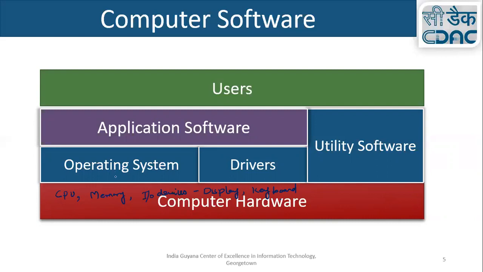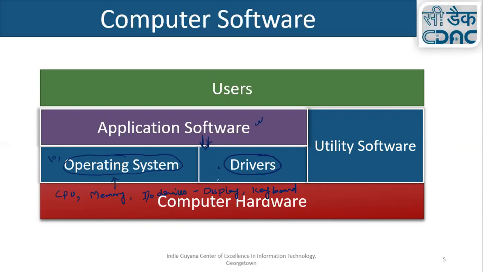Above this hardware is your operating system, like your Windows 10. You also require some drivers, like your network drivers. If you are installing different types of Wi-Fi devices, you require some driver for these devices. So you need some drivers, and the application software runs on top of these two things.